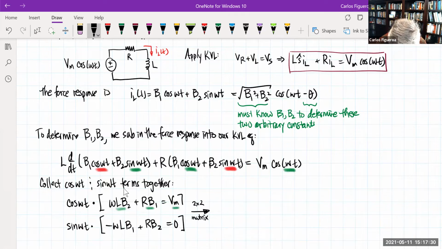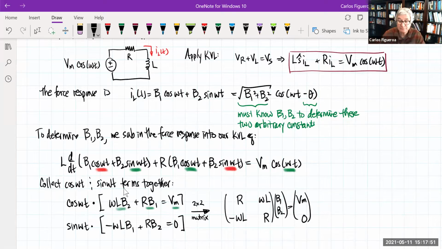This should be R, omega L, and then I have Vm on this side, and this guy should be minus omega L, R, and this guy should be 0. So I now have this matrix for B1, B2, like this.